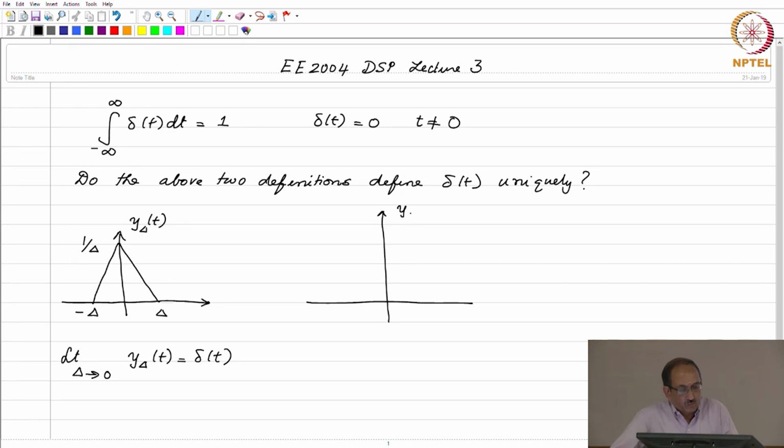So let us look at y delta dash of t. This of course has this form, which is easy to see. The height is the slope, and the slope is 1 over delta square: difference in y coordinates by difference in x coordinates.